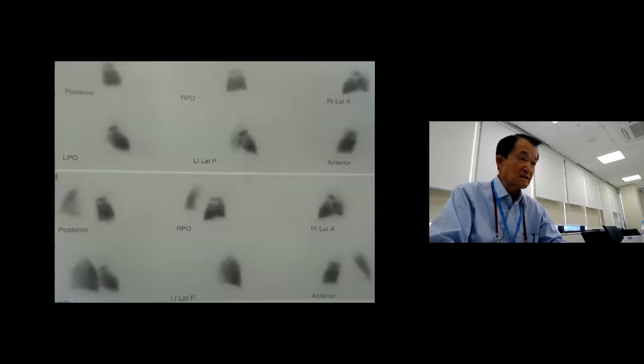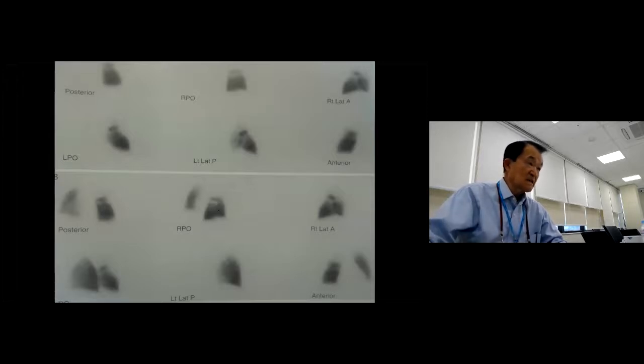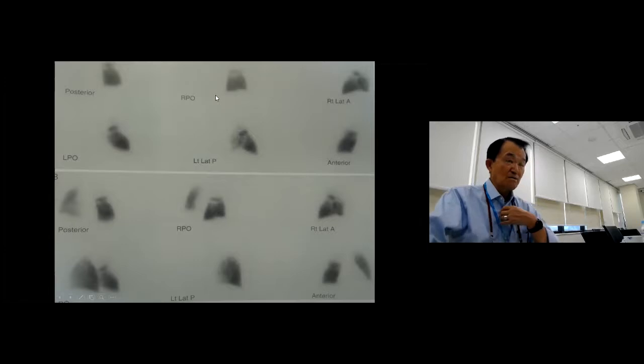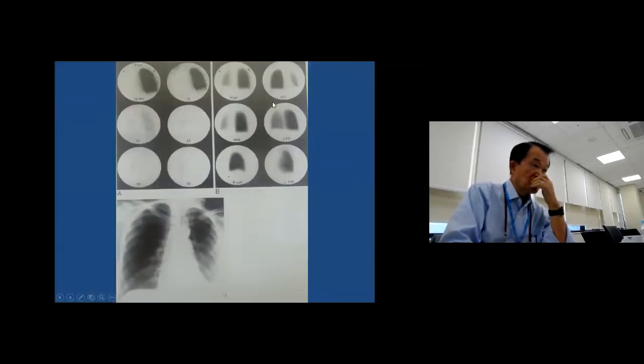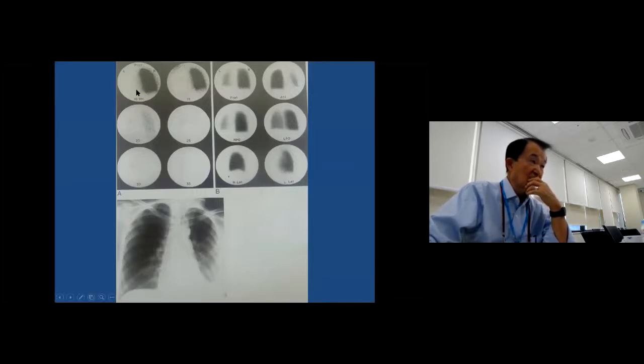Okay, and in this case, one side doesn't show. So this is a big lobe or some. This side shows ventilation show nothing, and the perfusion shows a little bit, but it's diffuse, no focal abnormality.